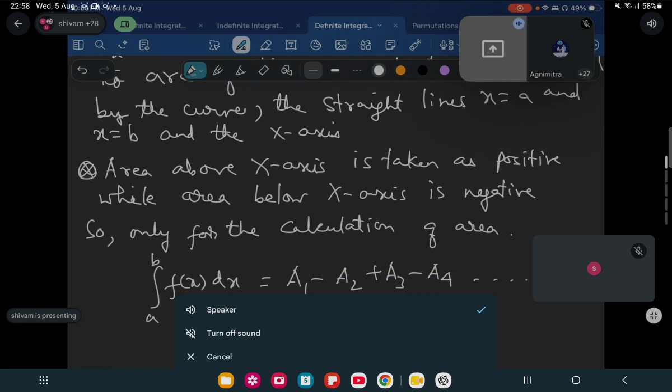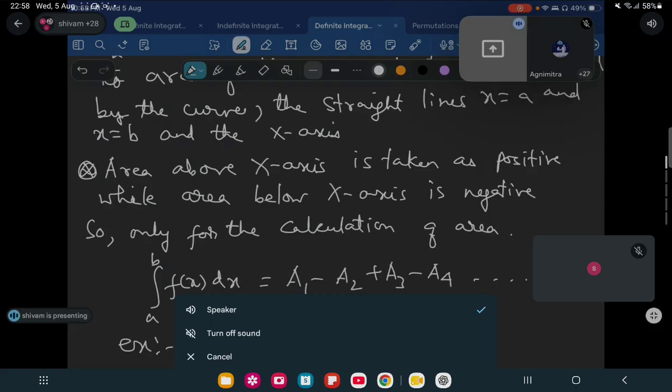For example, the integral from pi by 2 to 3 pi by 2 of sin x can be written as the integral from pi by 2 to pi of sin x, plus the integral from pi to 3 pi by 2 of sin x dx.